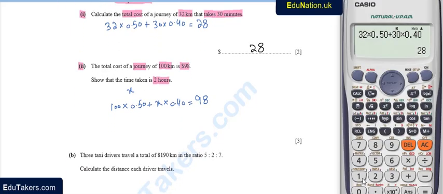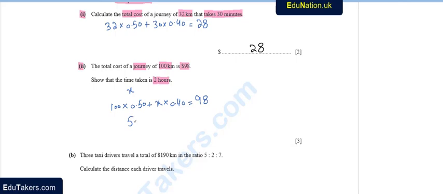Now solving it, 100 multiplied by 0.5 is 50. 50 plus 0.4 times x equals 98.